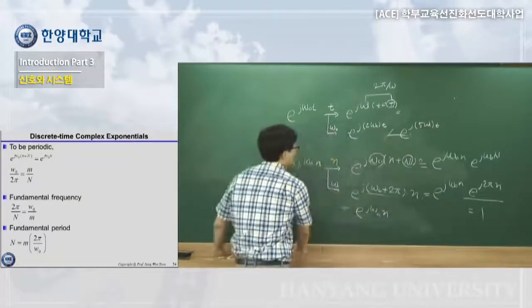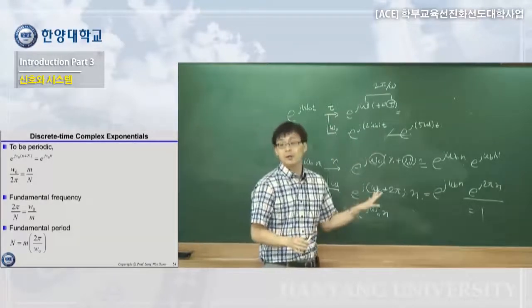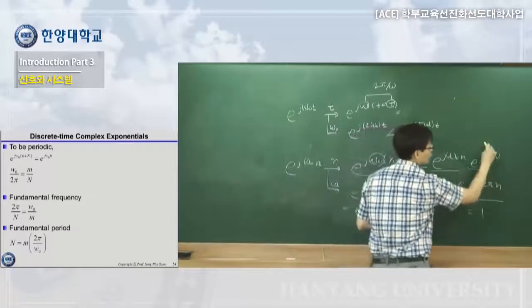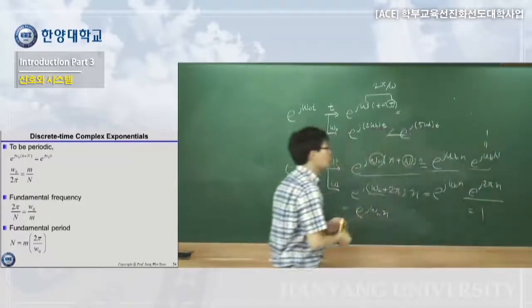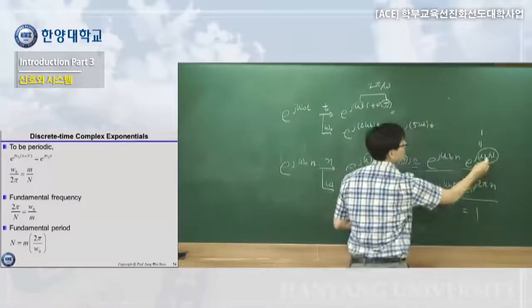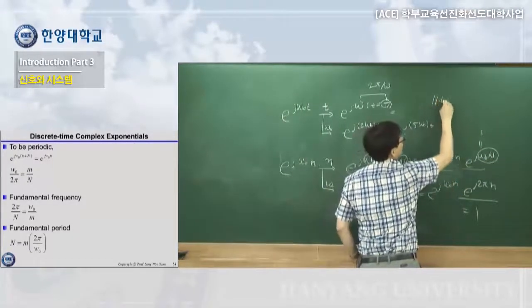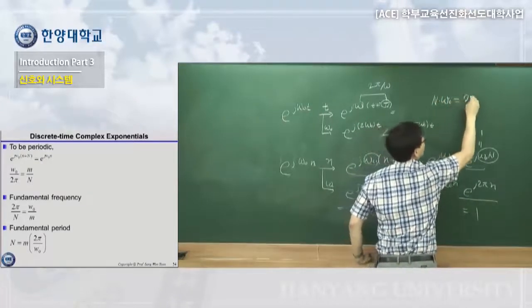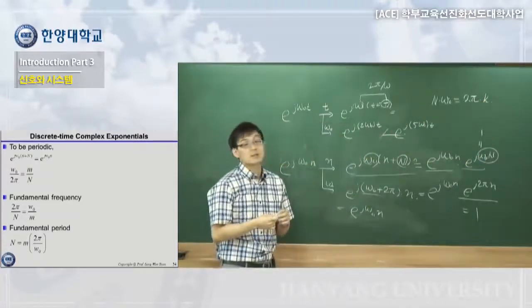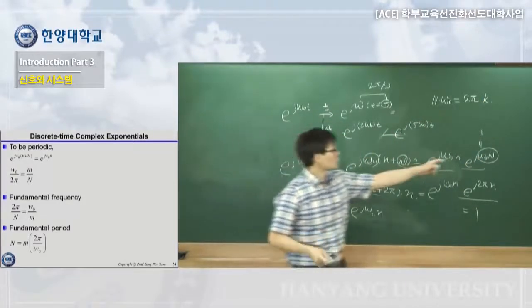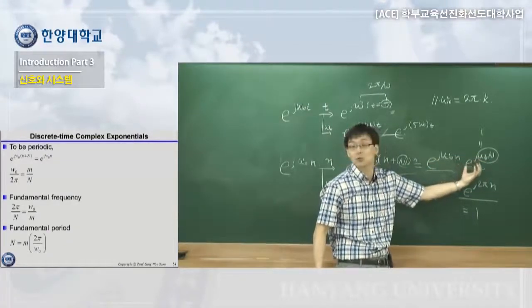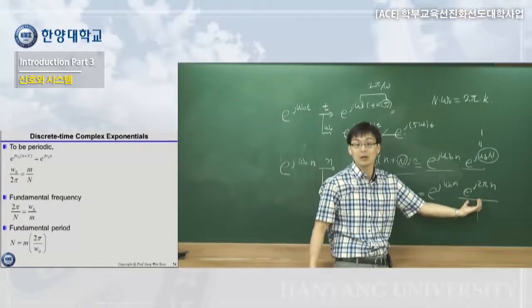So to find the period, we have to make this one the same as this, meaning that this one should be 1. This one should be 1 when n times omega 0 becomes a constant times 2 pi. When this becomes a constant times 2 pi, 2 pi, 4 pi, 6 pi, then this becomes 1. Likewise, what we see in here.